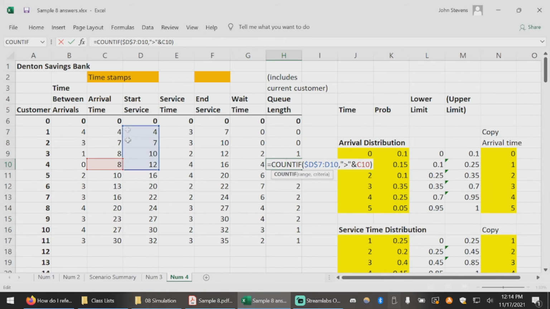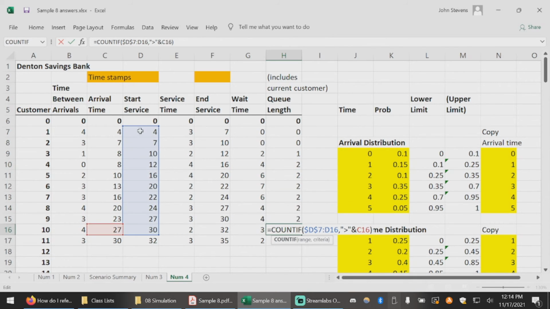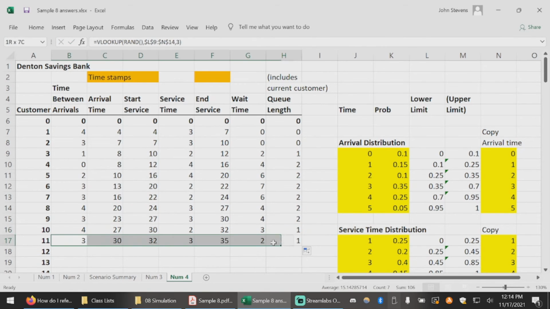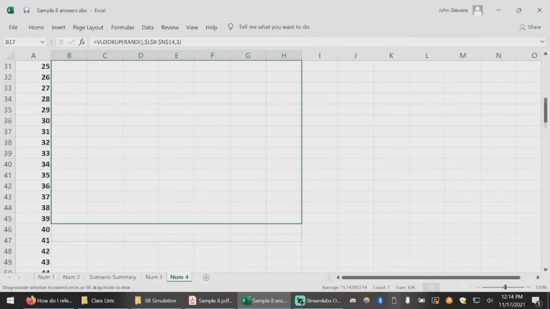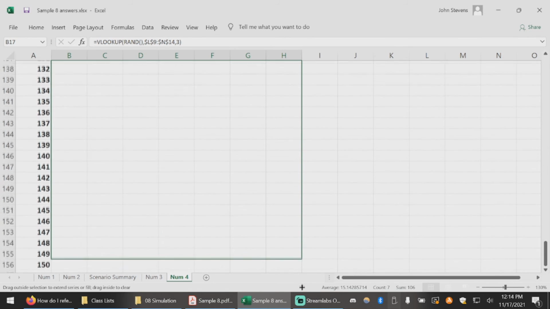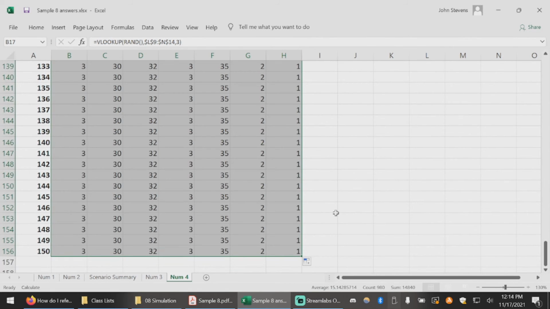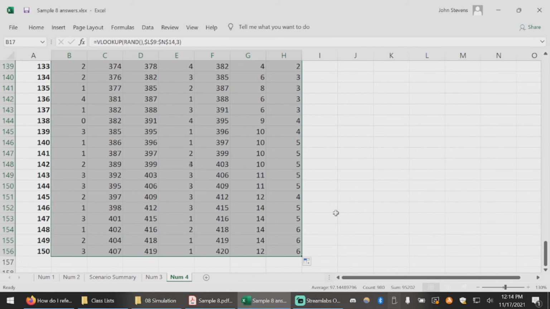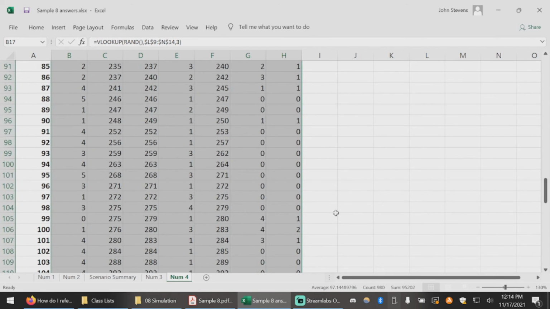When we did it by hand, we were looking at these times. Now the formula is doing exactly that. And we have to look at all of them because it could get backed up very far back. Okay, we are ready. Let's copy this down to customer 150, recalculate, and there we go.